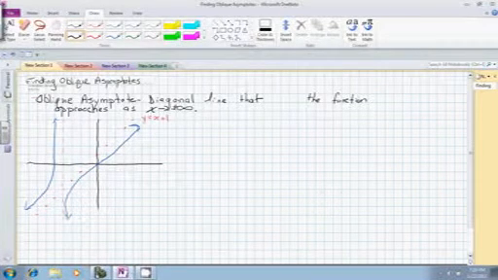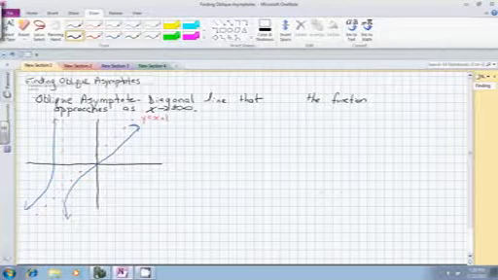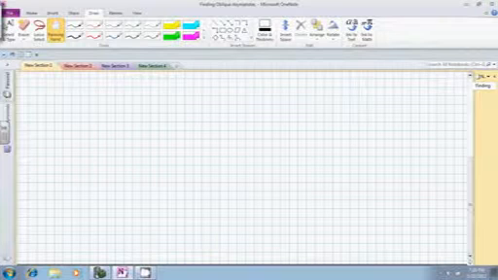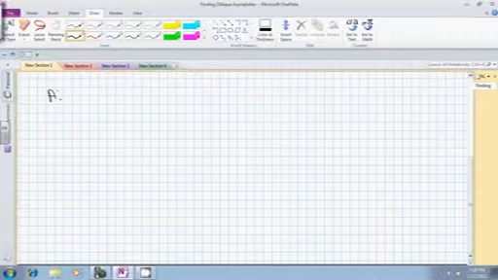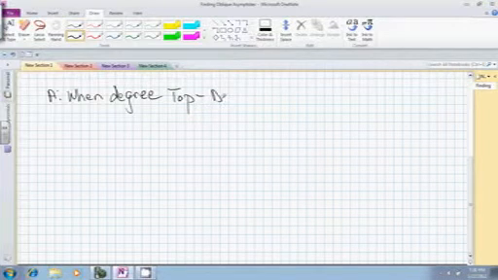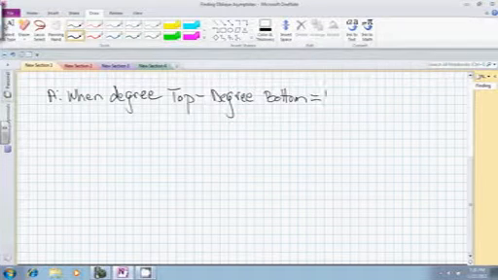So the question is, how do we know when they exist, and if they do, how do we find them? So let's take a look at an example. Alright, so first off, when do they exist? The answer to that is when the degree of the top minus the degree of the bottom equals 1.